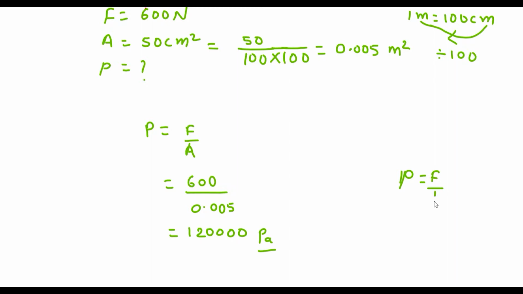Pressure means force by area, and the unit of force is Newton and area is meter square. So we can also write Newton per meter square, or we can also write Pa, Pascal. These are all units of pressure.